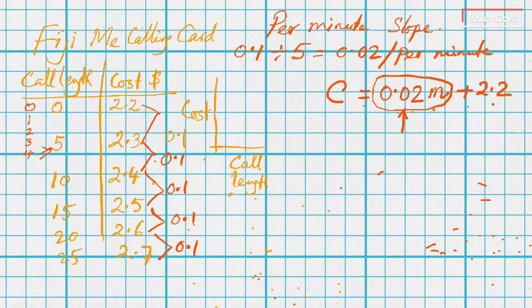This is the rate. That means you are paying 2 cents per minute, and even if you don't make a connection or anything, you simply pick up the receiver or whatever, you've got to pay $2.20.